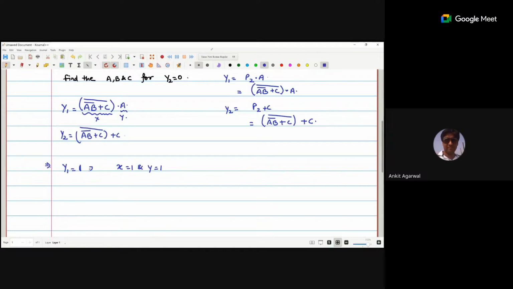So when Y is equal to 1, that means we know that A is equal to 1. That part is 1. Now the remaining part, ((A B) bar plus C) whole bar, will be 1 if (A B) bar plus C is equal to 0.